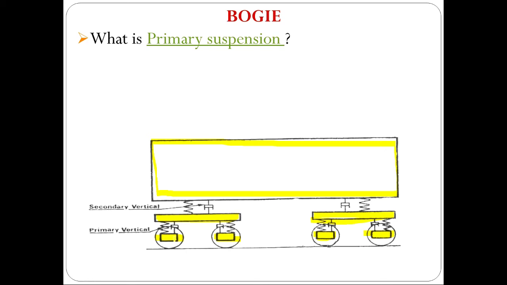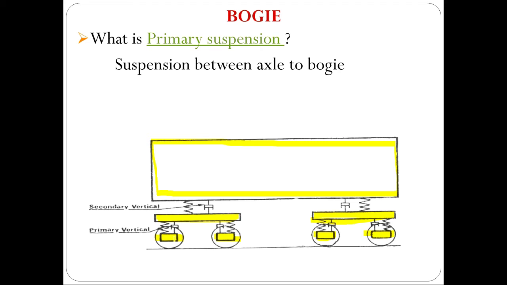If the suspension is provided between the axle and bogie, that suspension is called primary suspension. Helical springs or dampers, friction damper or hydraulic damper, whatever it may be, if provided between the axle and bogie, the suspension is called primary suspension.